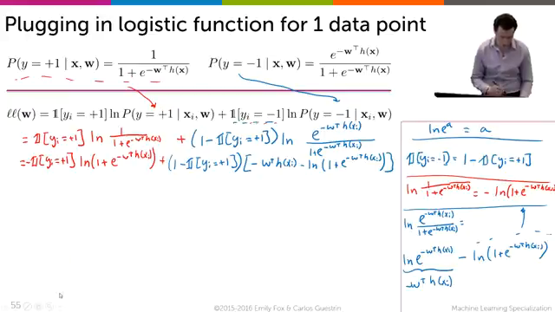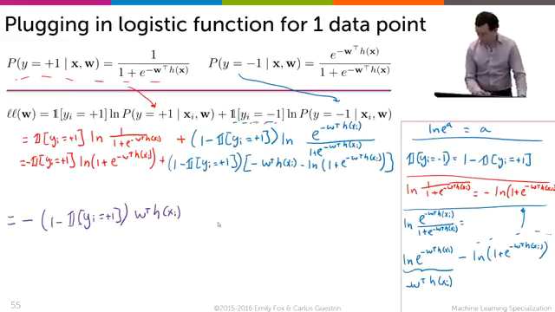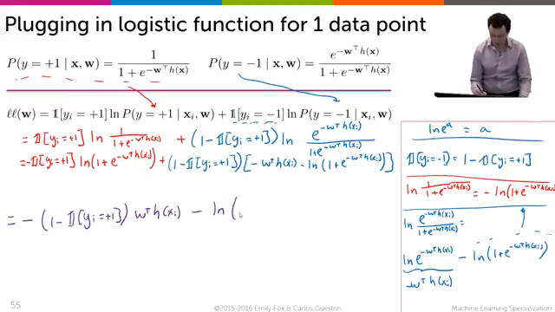I'm just going to do a change of color transformation, go to purple, which is a color I love, and write out what the answer is. The log likelihood for a particular data point can be written as minus 1 minus the indicator that it is a positive example, so yi equals plus 1, that multiplies w transpose h of xi, minus the log of that crazy term, 1 plus e to the minus w transpose h of xi.